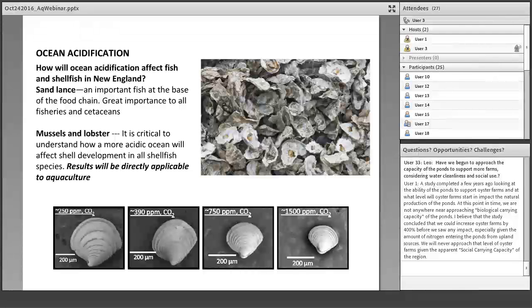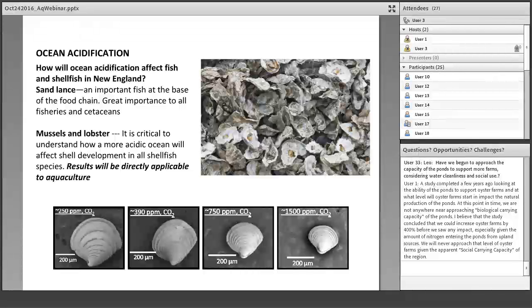You can see across that bottom row the small clam or oyster larvae under different scenarios of carbon dioxide in the atmosphere, which then relates to acidification in the ocean. It really has the potential to slow down the growth of many shellfish.